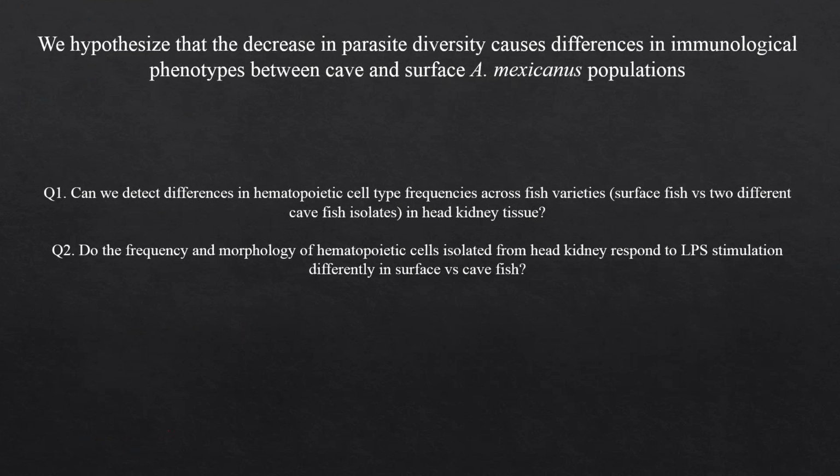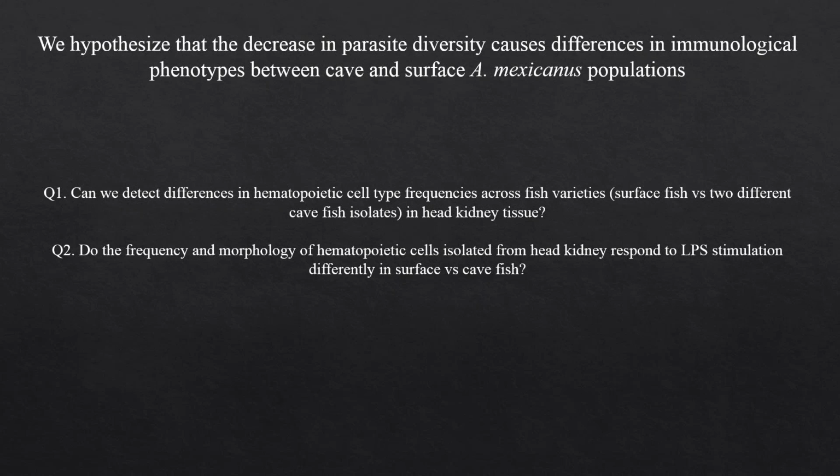So we distilled this into a couple of simple questions just to get started that we thought we could answer using image cytometry. First, can we detect just simple differences in the frequency of different hematopoietic cell types in surface fish versus cave fish? And this is looking in head kidney tissue, because in fish, the hematopoietic tissue is head kidney. They don't have a hematopoietic bone marrow.